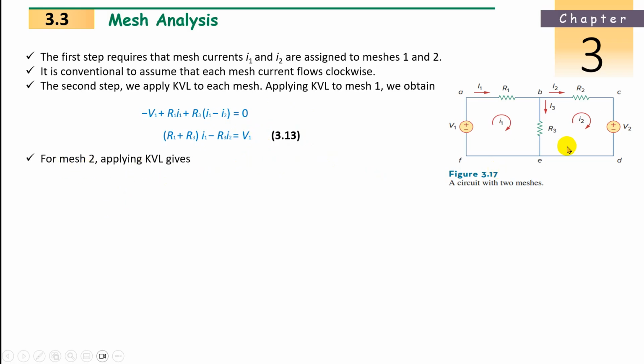Now coming to the second loop, I will start with R3, no problem. So R3, when I take the direction, what will it be? I2 as a reference. So leaving, entering. So I2 minus I1 or I1 minus I2?